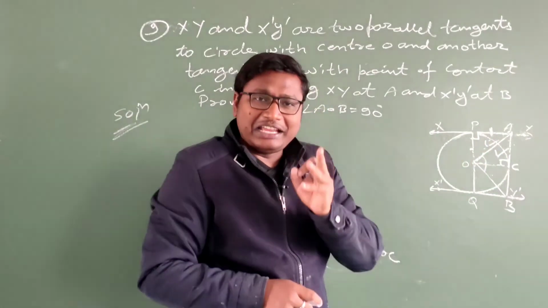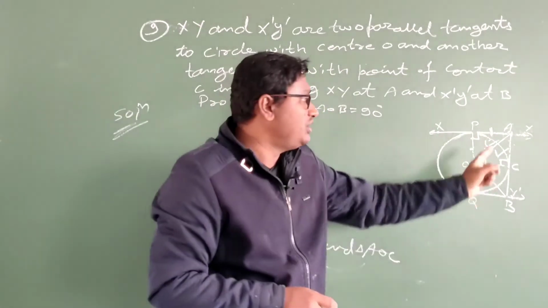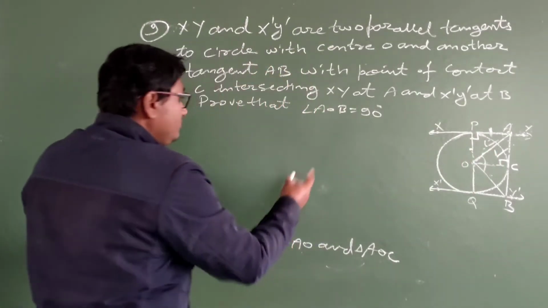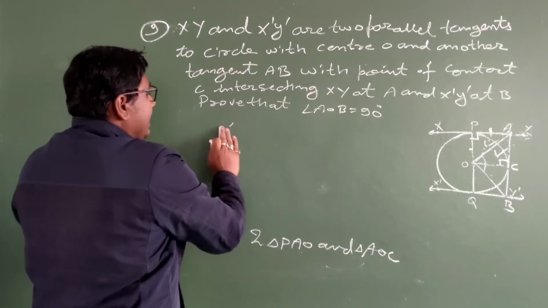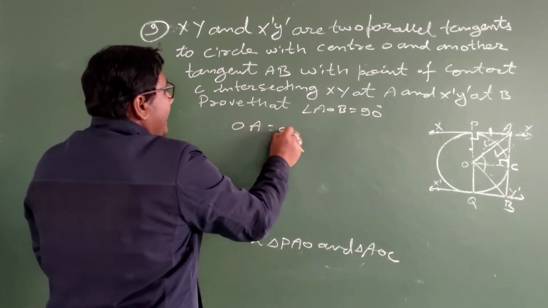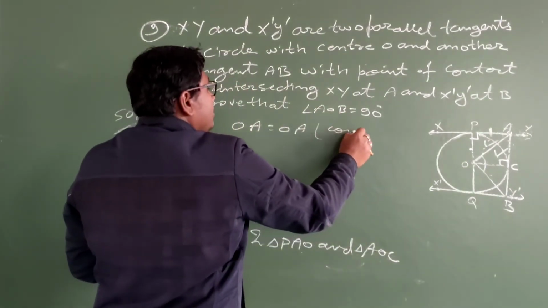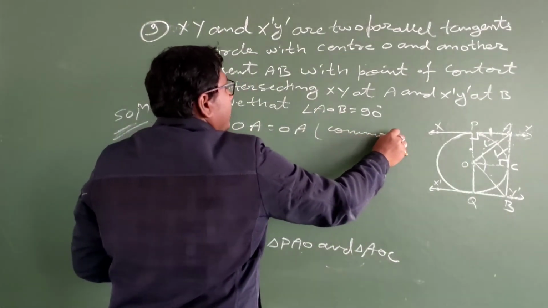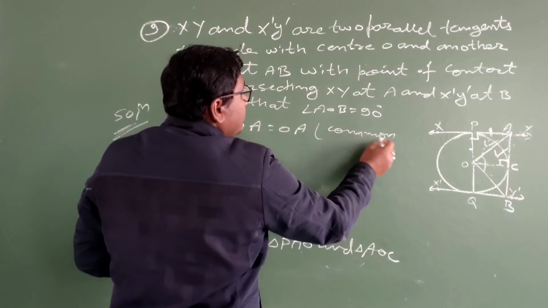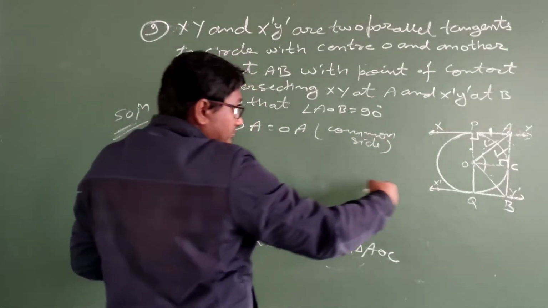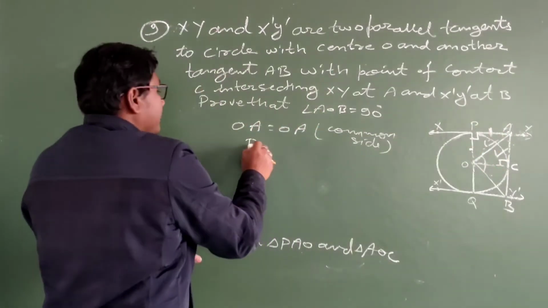So first, AO is equal to AO, because AO is common to both. So right here, common side. And then PA will be equal to AC.